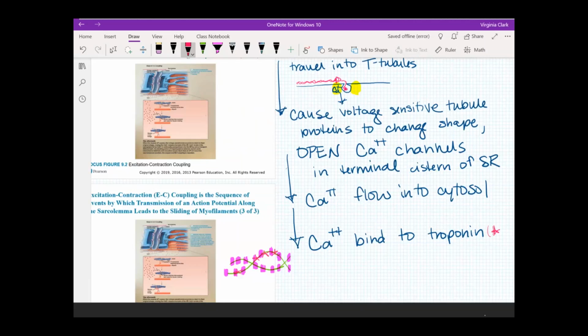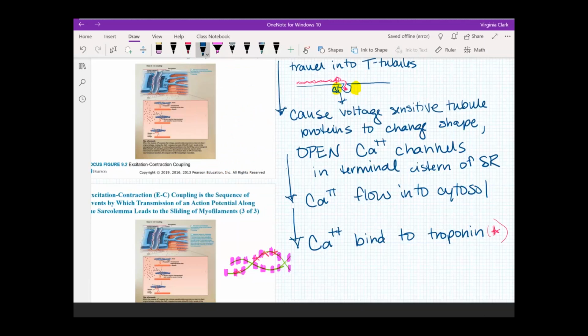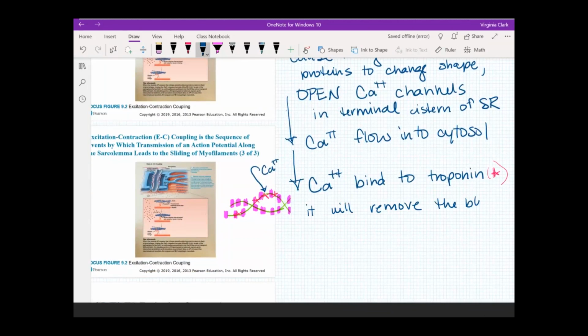So the calcium will bind to these little places, to our troponin. So calcium will bind right there. And when calcium binds to troponin, it will remove the blocking protein.